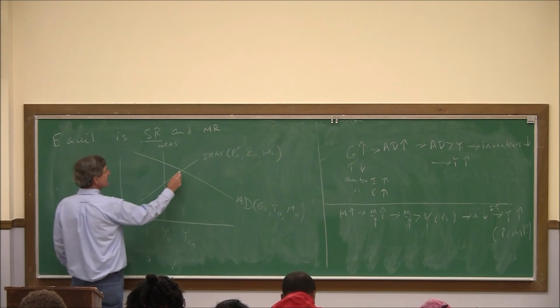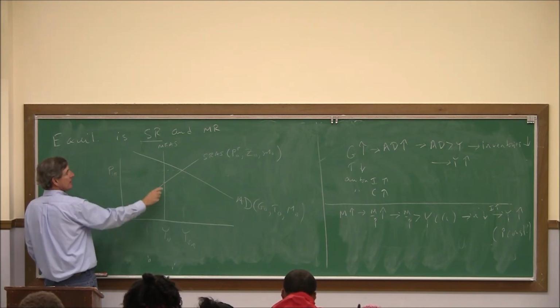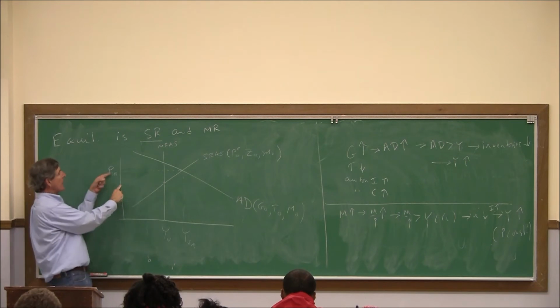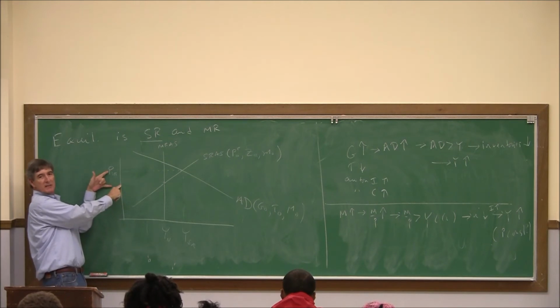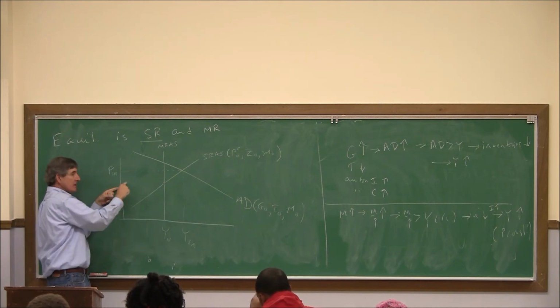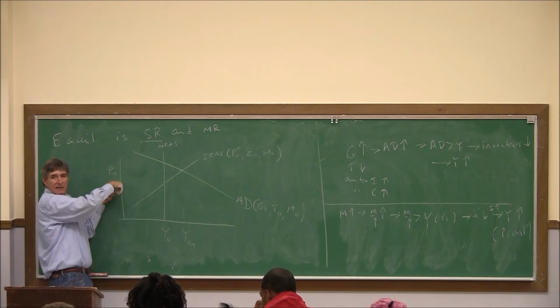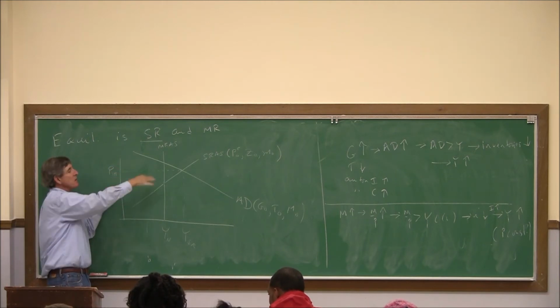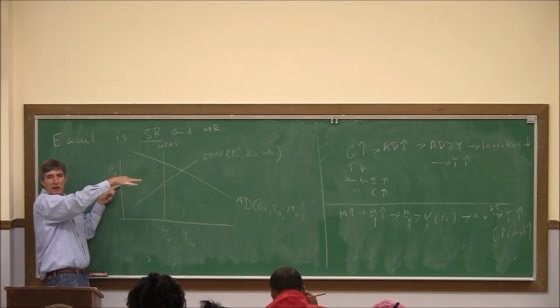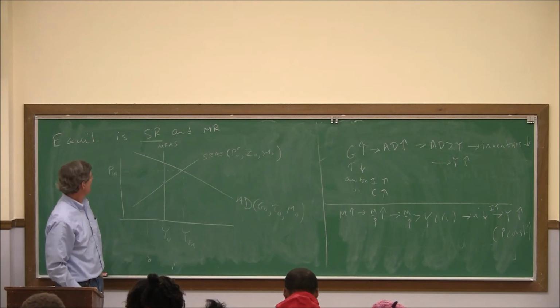Because the actual price level, PSR, is this P0, and the expected price is P0. We know that because that's where we're on the natural rate. So the expected price and the actual price are not the same, and that's why we're not at the natural rate. Price here is too high relative to the expected one.